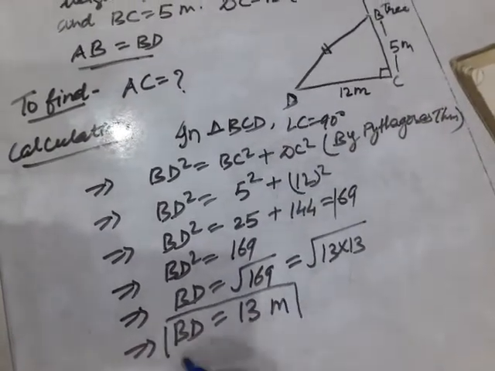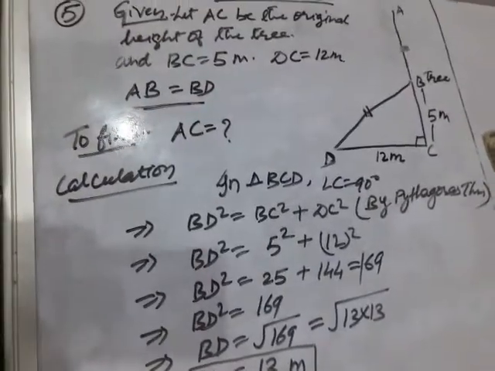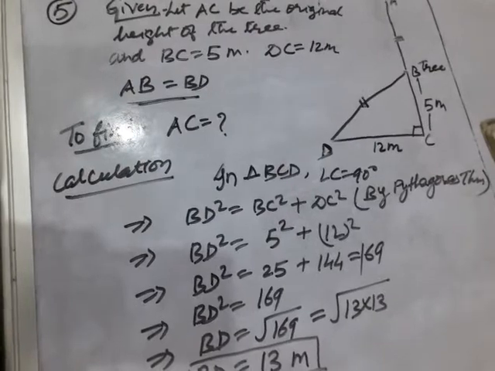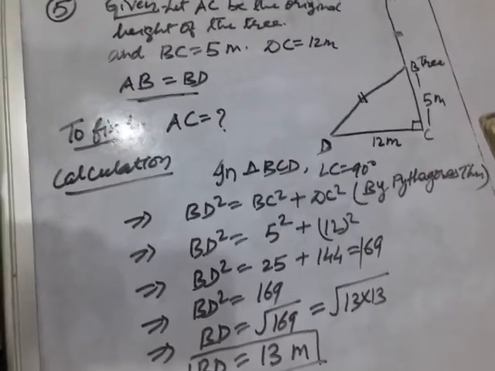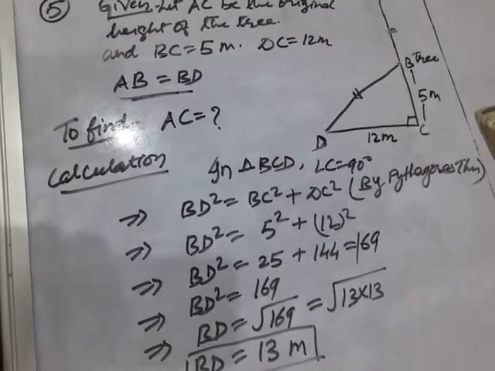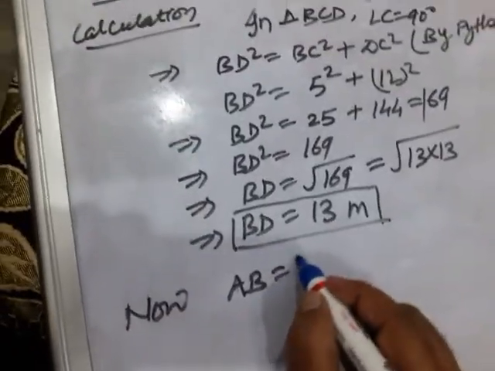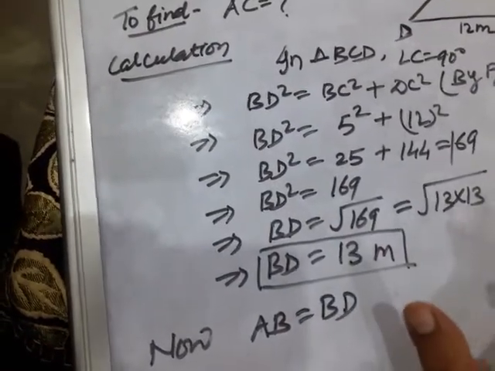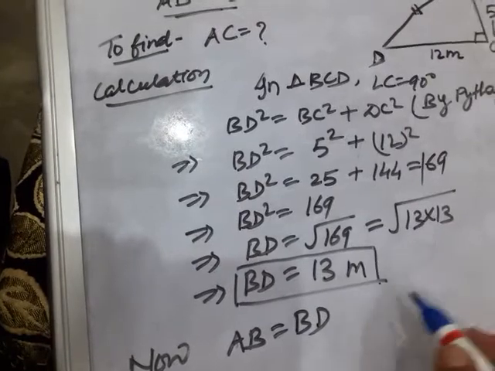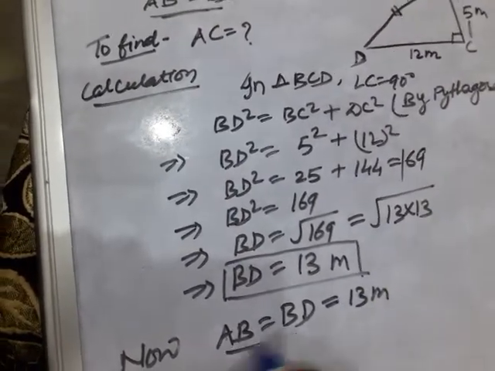Now BD is equal to 13. Now the original height, that is AC. Now AB equal to BD, AB equal to BD equal to how much? 13 meter. Okay children.